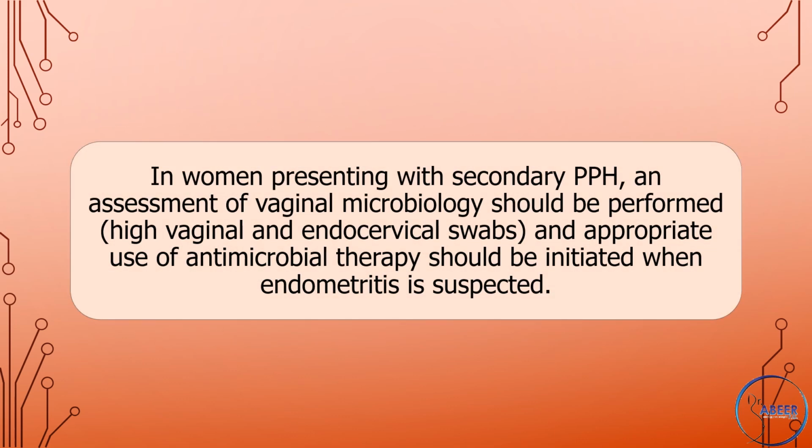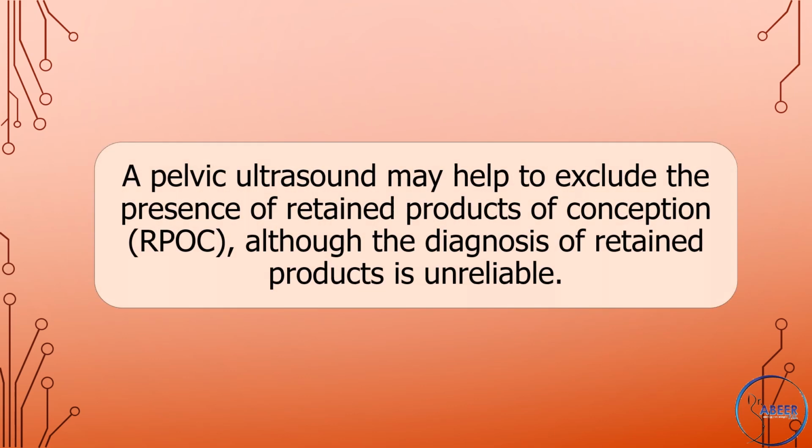In women presenting with secondary PPH, an assessment of vaginal microbiology should be performed, high vaginal and endocervical swabs, and appropriate use of antimicrobial therapy should be initiated when endometritis is suspected. A pelvic ultrasound may help to exclude the presence of retained products of conception, RPOC, although the diagnosis of retained products is unreliable.